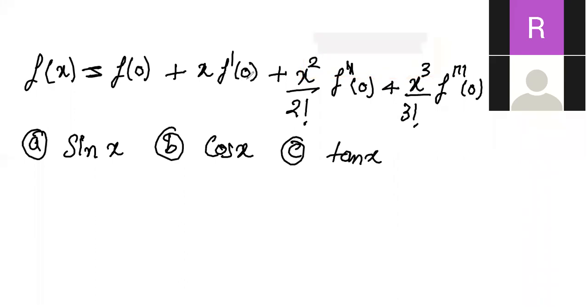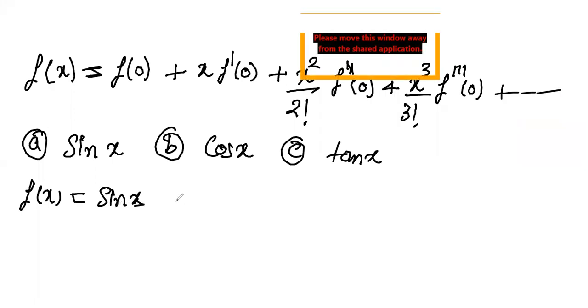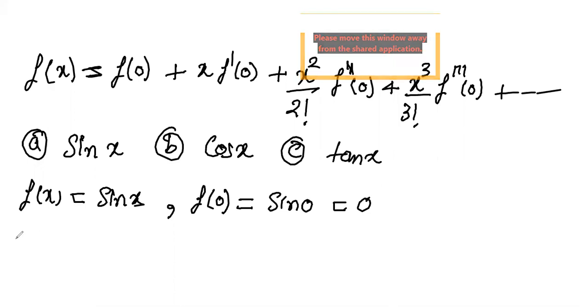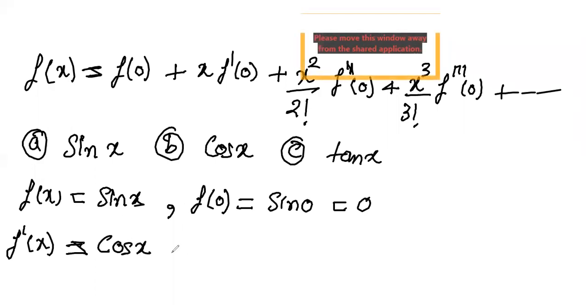First of all, sin x. If f of x is equal to sin x, then f of 0 is equal to sin 0, and we know sin 0 is 0. Now f dash x means differentiation of sin x with respect to x, so this is cos x.